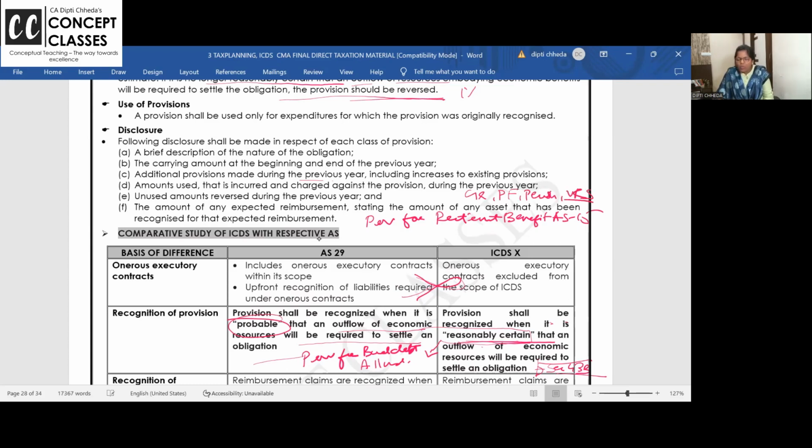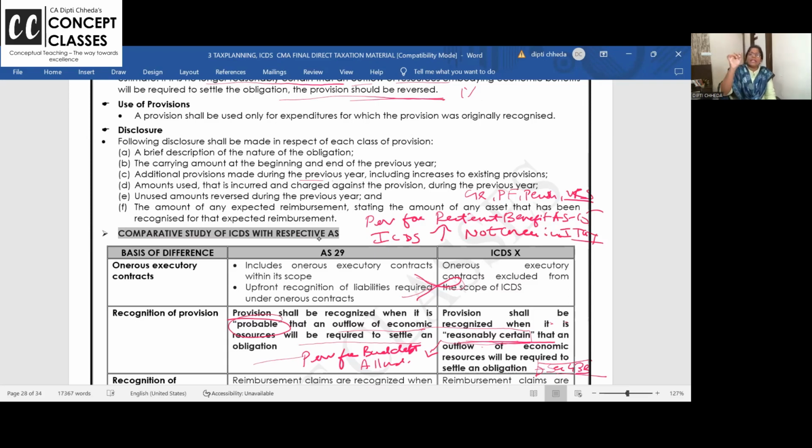When your employee is going, you give him so many types of retirement benefit, gratuity, pension, VRS, and all. And for that, how to make the provision is explained in AS 15. Right? So ICDS is saying these provisions are not covered in income tax.